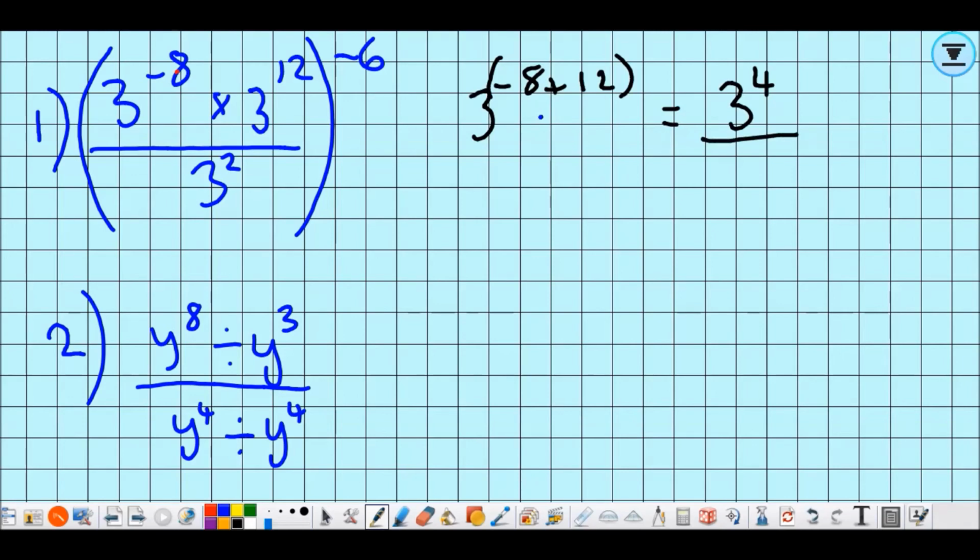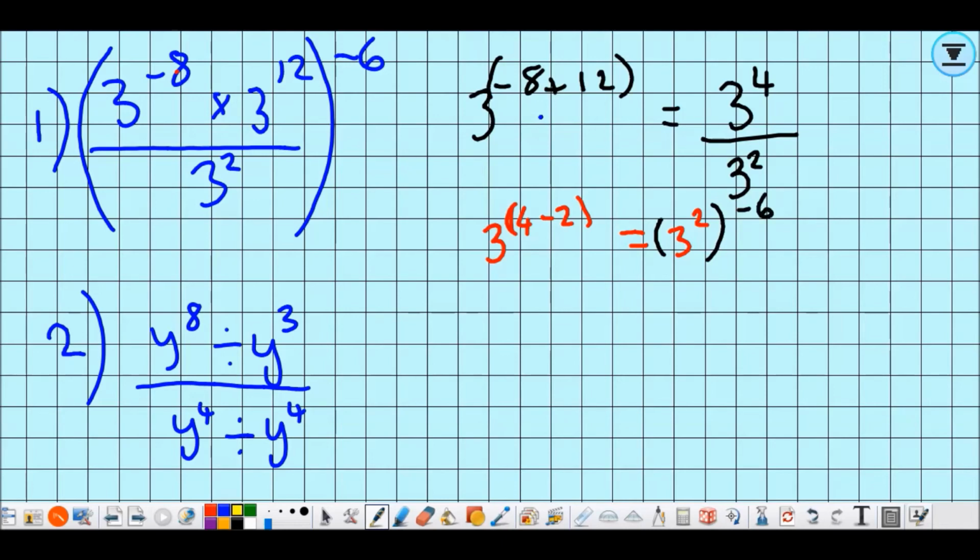I'm then going to look at the bottom line. I've got 3 to the power of 2. Remember, that's a divide. So I could write the next line down as being 3 to the power of 4, take away the 2, which is going to give me 3 to the power of 2. And remember, at this point, this is still all in brackets raised to the power of negative 6.